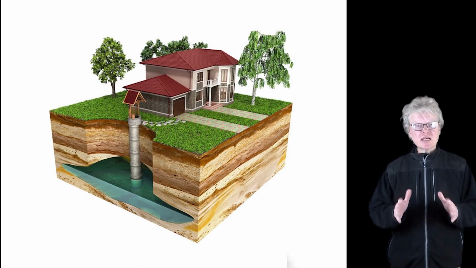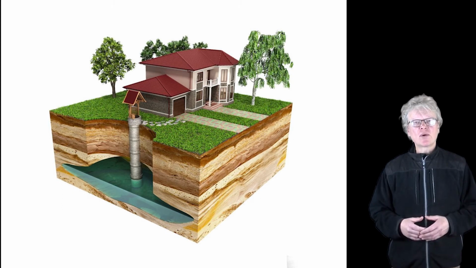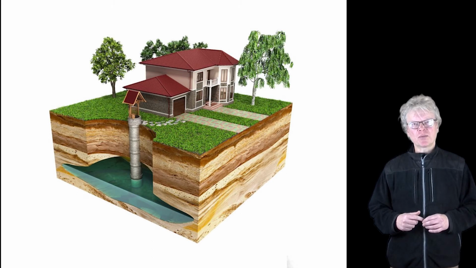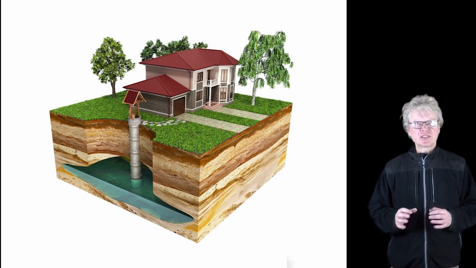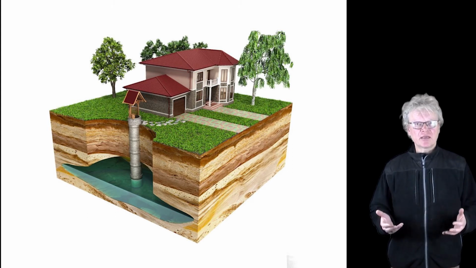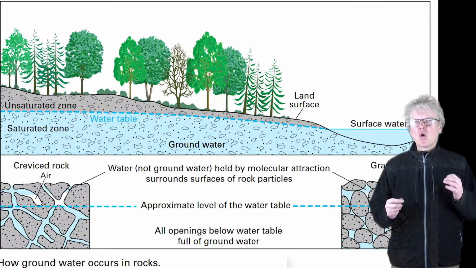Sure, water does collect in underground caverns, and limestone caves are a good example of where that occurs, but it's not how most of the groundwater on the planet appears beneath the surface.